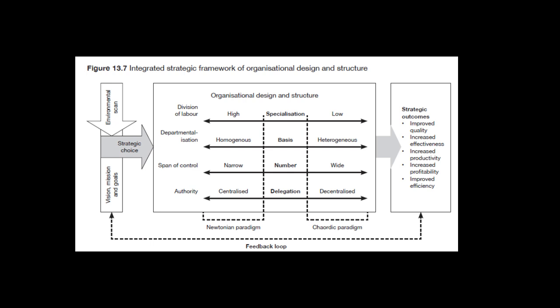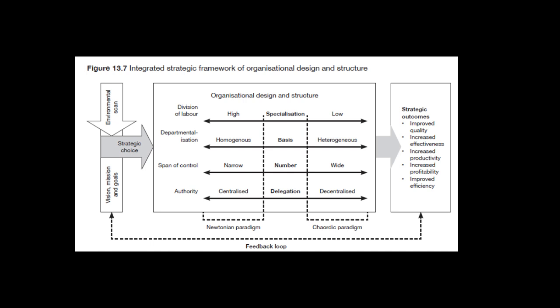The Newtonian paradigm, the old style for traditional organizations for slow-moving environments, and the chaotic paradigm. Now, the magic with the chaotic term is that it's chaos that is organized. So organized chaos.